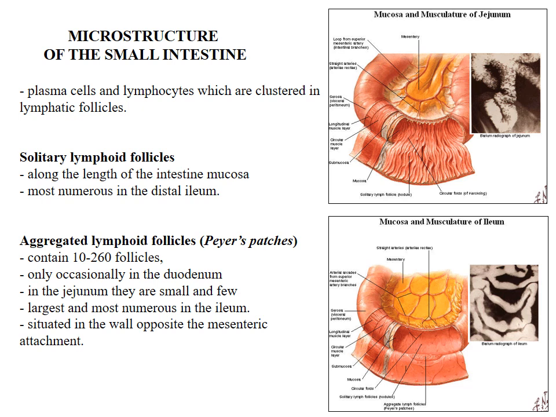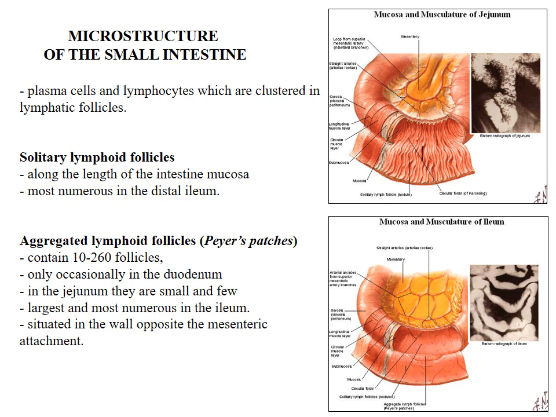Mucosa of the small intestine: the lamina propria of the mucosa has plasma cells and lymphocytes, and these plasma cells and lymphocytes are clustered in lymphoid follicles. There are two types of lymphoid follicles: solitary lymphoid follicles, and aggregated lymphoid follicles, which form the Peyer's patches.